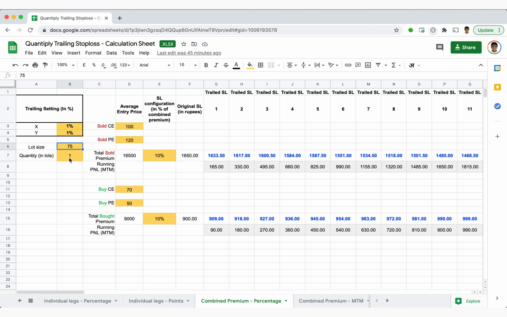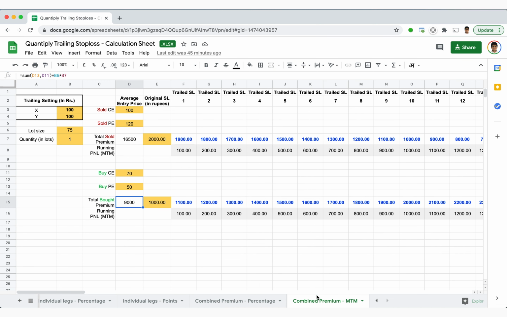You can also specify the lot size and the quantity. In this row here, you've got the running P&L. So as the trade accumulates profit, your stop loss also gets trailed, and you've got the fourth sheet with stop loss settings and trailing stop loss settings in rupee terms.